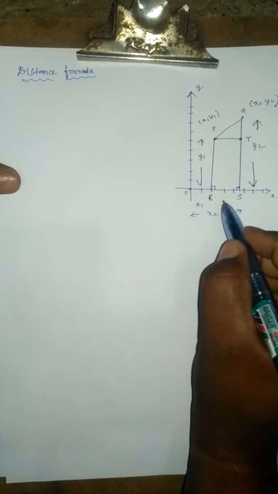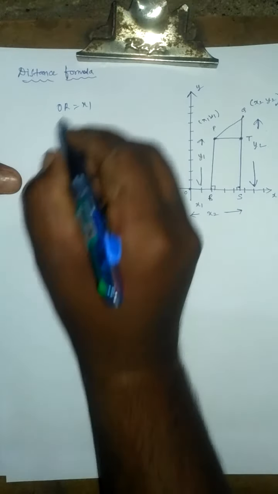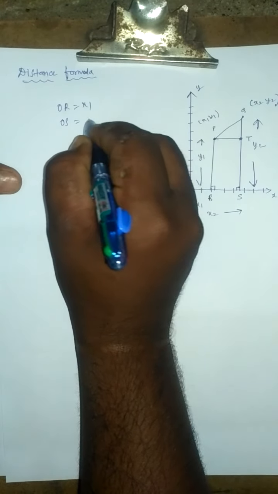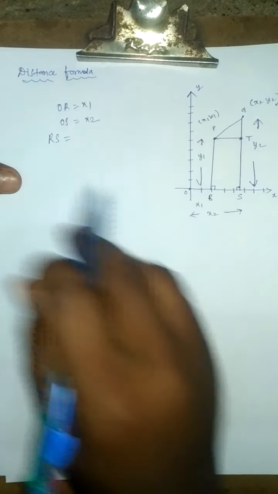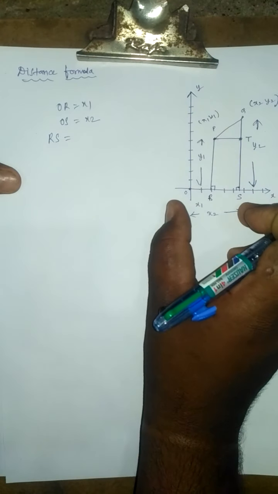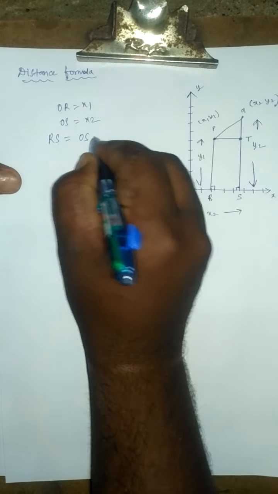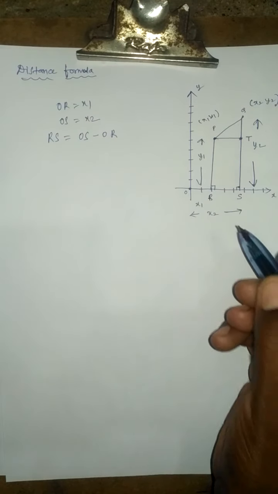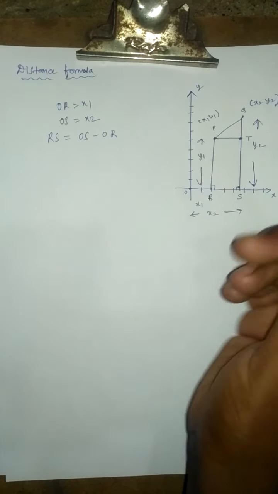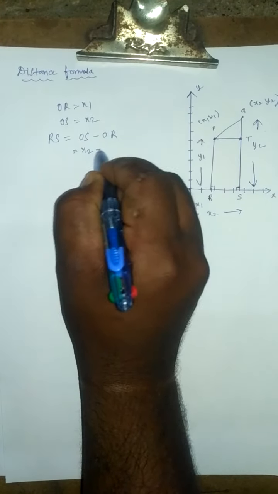Now here OR is equal to x1, OS is equal to x2. Now I am going to find RS. If you want to find RS, from OS we have to subtract OR, OS minus OR. See here, OS is x2 minus OR is x1.